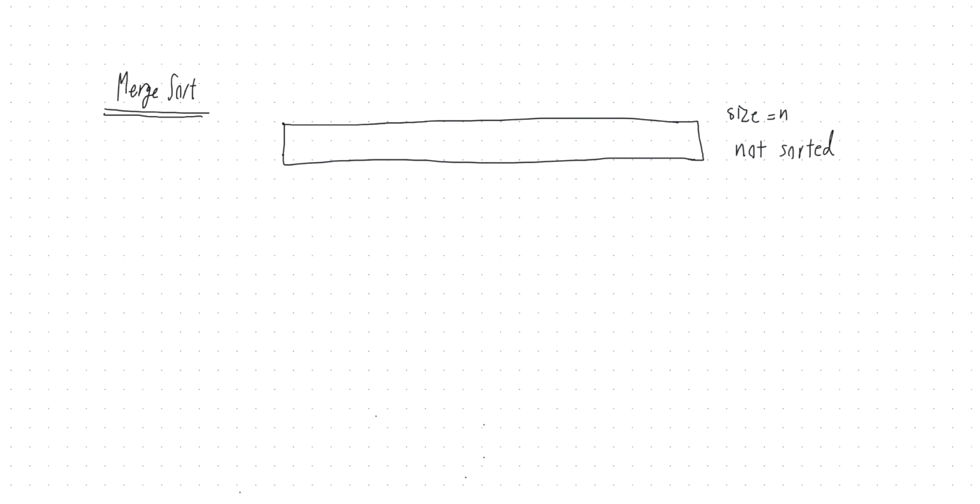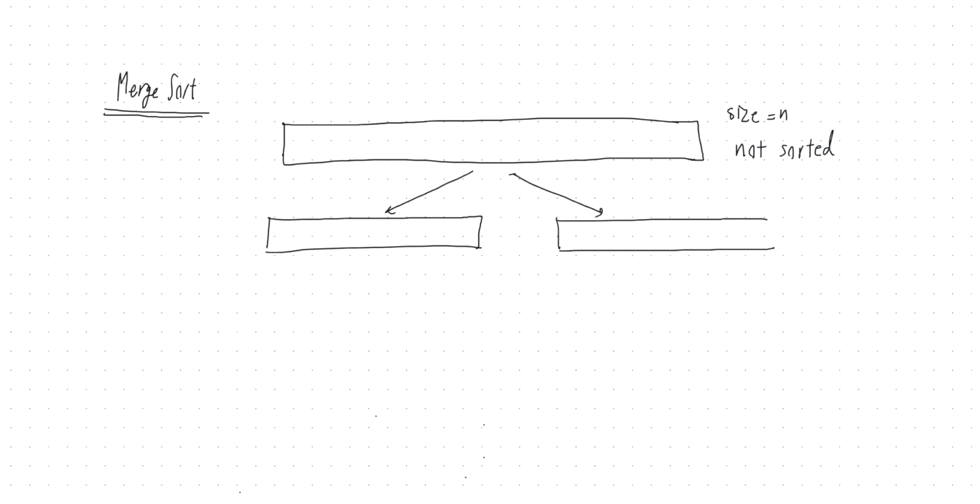The first thing that merge sort does is that it divides the array exactly in the middle into two halves. So two subarrays, each one of them has size roughly n over 2. I say roughly because it could be that n is odd, but that's a small detail that we're going to ignore at the moment.